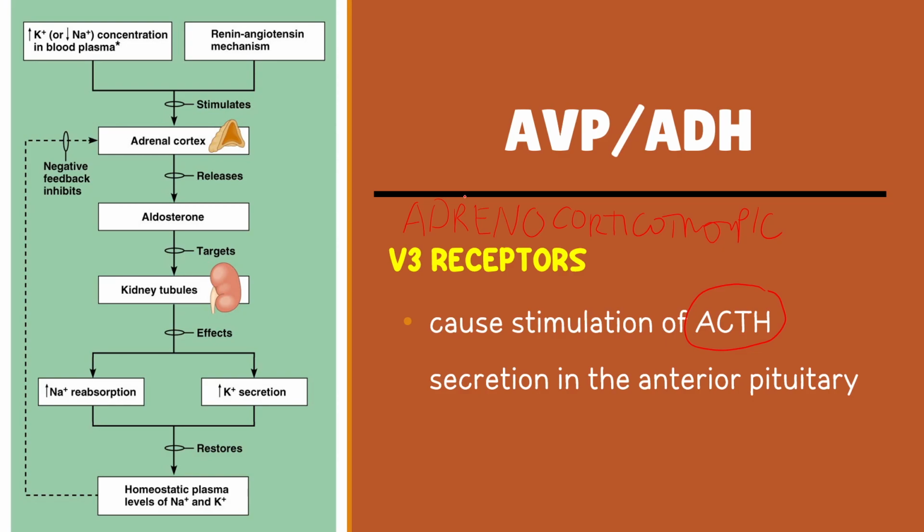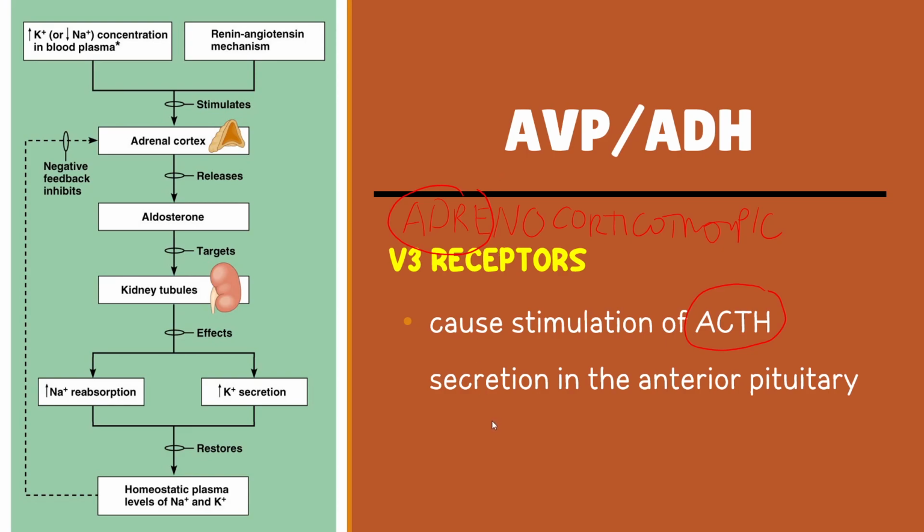So just think of your adrenal gland, therefore the letter A should be adreno: adrenocorticotropic hormone. Again, hopefully there will be no more of this mistake. So V3 receptors will cause the stimulation of your ACTH, which is secreted in your anterior pituitary gland.